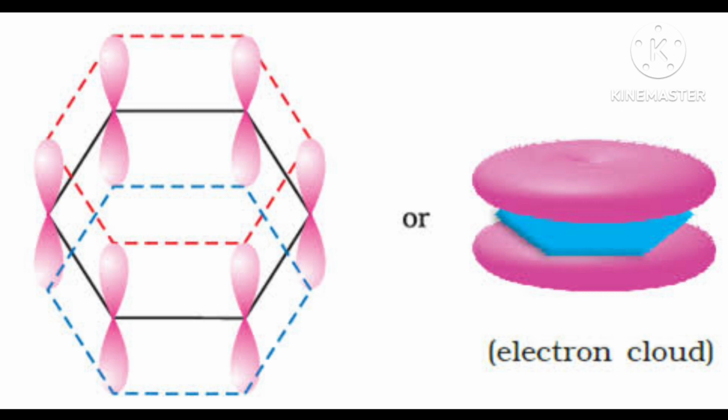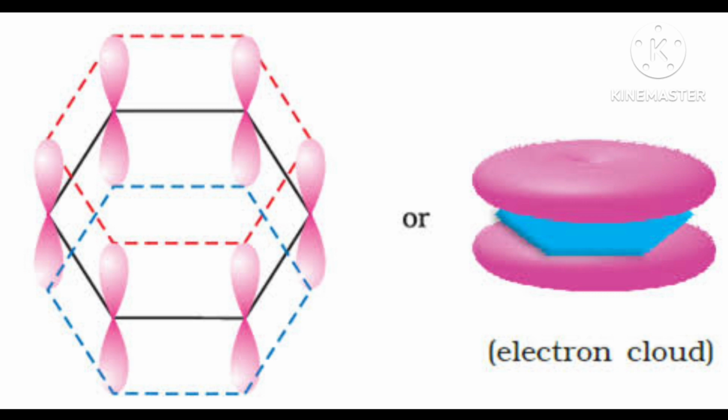Again, understand, 6 carbons are there in the benzene ring, hexagonal.